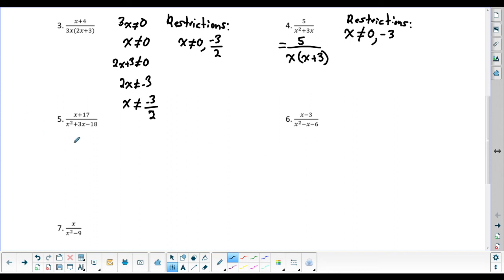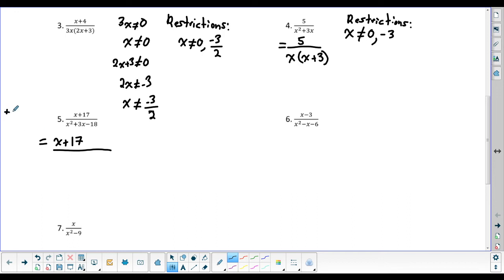Let's take a look at number 5 here. So it looks like we have an entire quadratic on the bottom, in the denominator. So we're going to have to factor that. So let's rearrange this one before we try to find the restrictions. So x plus 17 over, and we want to factor. So in this case, maybe we'll write it off to the side.